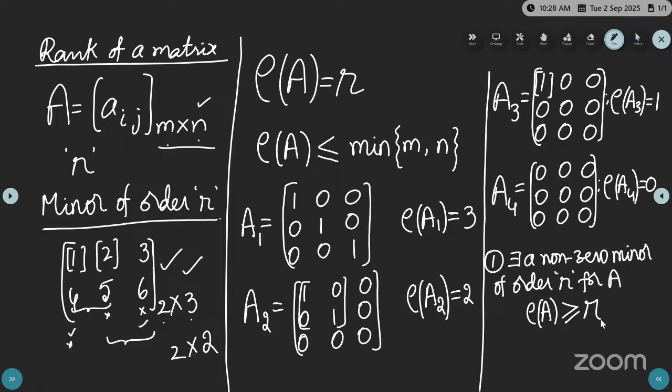There is a possibility of getting very easy negative marks. If you are not thorough about the concept, you cannot write the answer. So what can you say now? If there exists a non-zero minor of order 1 for A1, then its rank is greater than or equal to 1. Okay, actually it is 3. Greater than or equal to R.